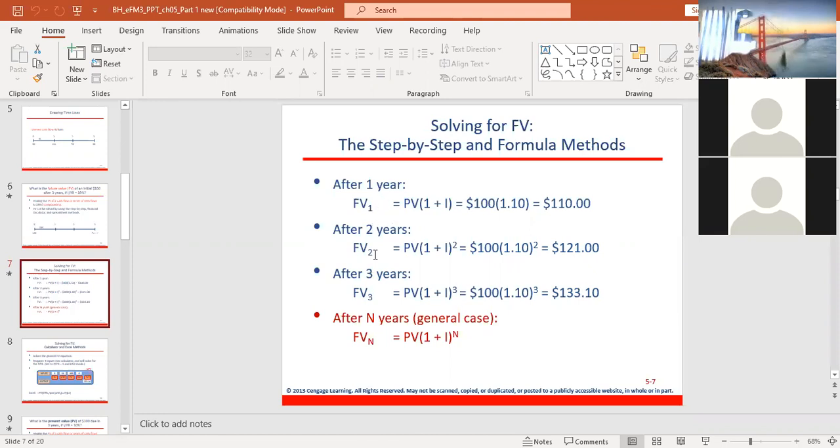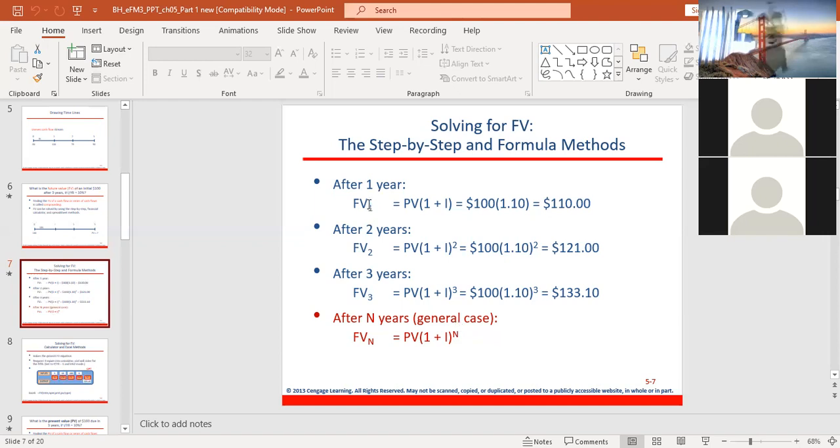From this procedure, we can generalize that the future value for n number of years equals present value today times 1 plus I raised to power n. Whenever you are given a question and n is 1,000, no need to do it one by one up to 1,000. You can just apply this formula. You just change n to the power of 1,000, and you always get your answer.